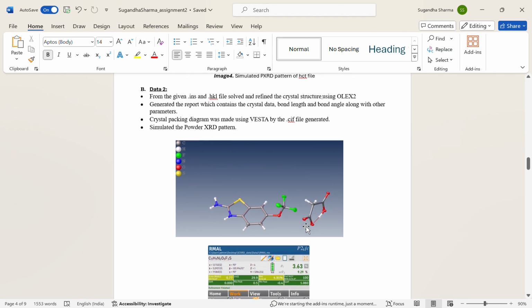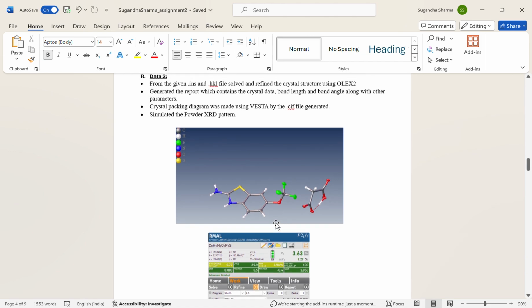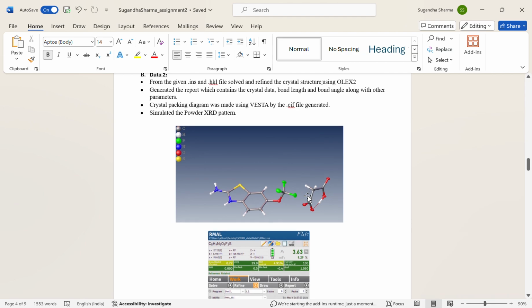After assigning the atoms we performed the refining. We refined the structure again until we got the value of 3.63.